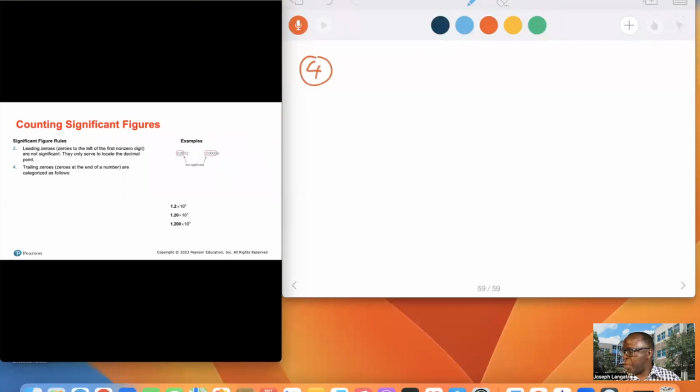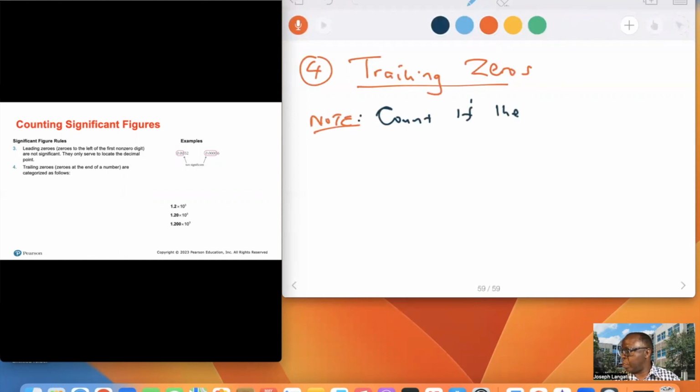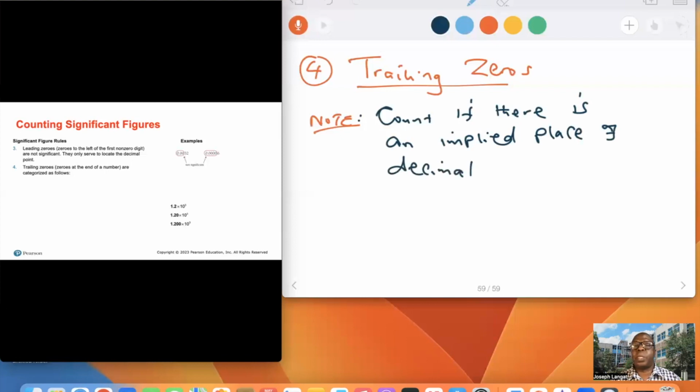Note, they count if there is an implied place of decimal.